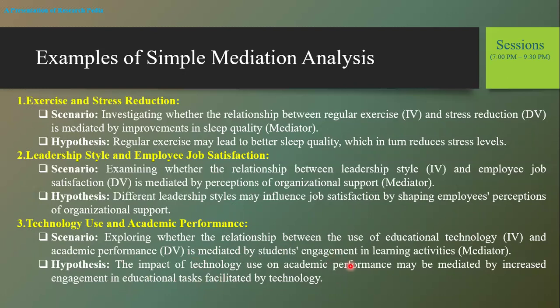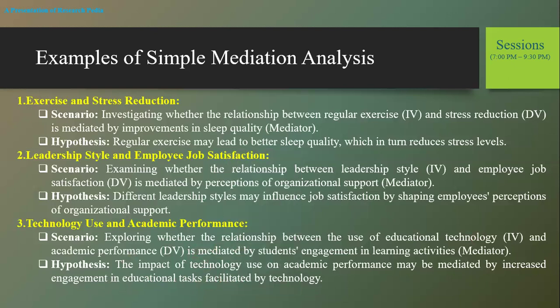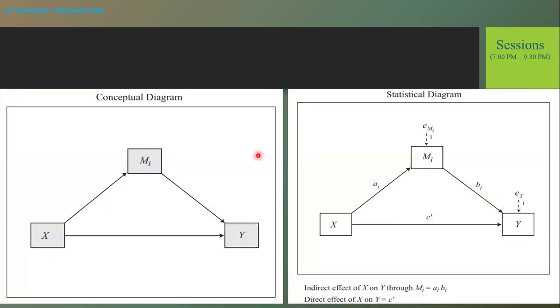So in order to fully understand this analysis procedure, we may go further. How the simple mediation analysis works: you can see a conceptual diagram where X is impacting the Y, and X is also impacting the M, and M is in turn impacting the Y. So you can say that there are two DVs at the initial stage.